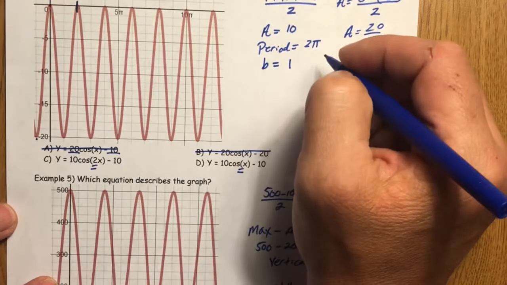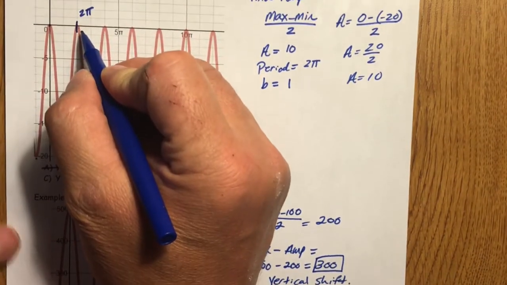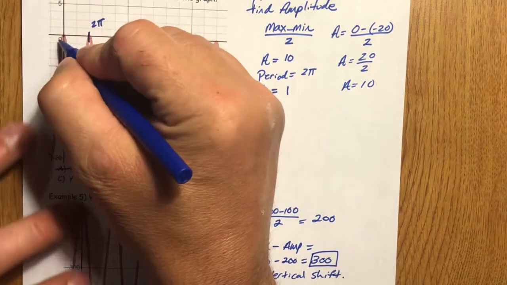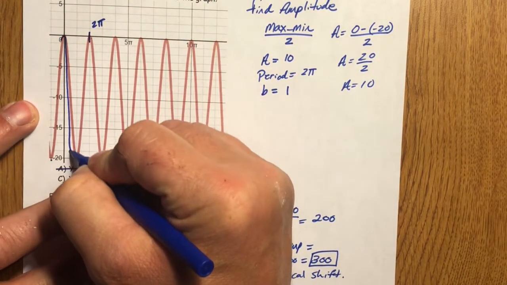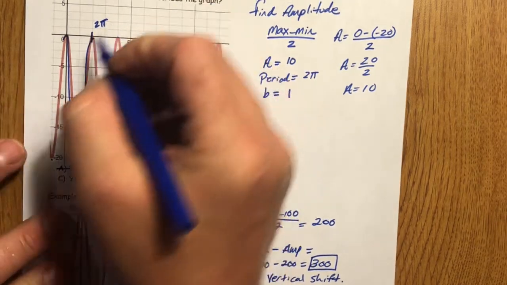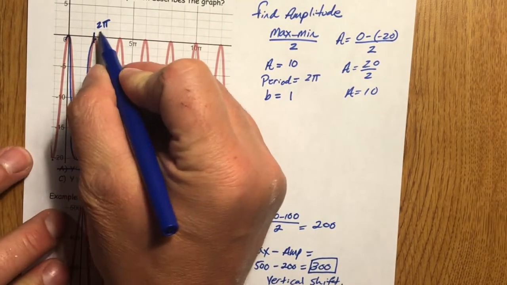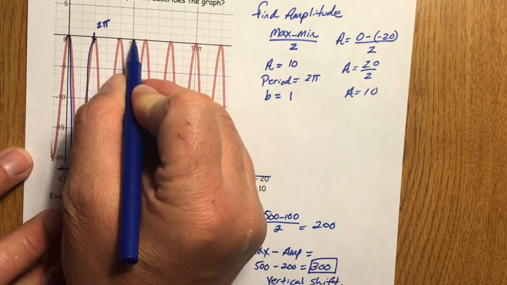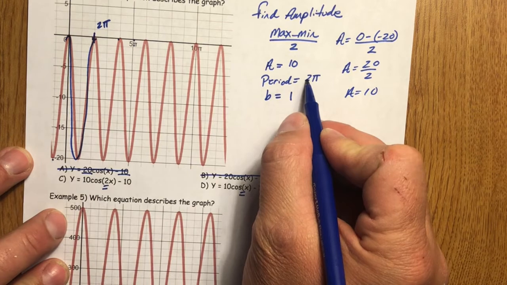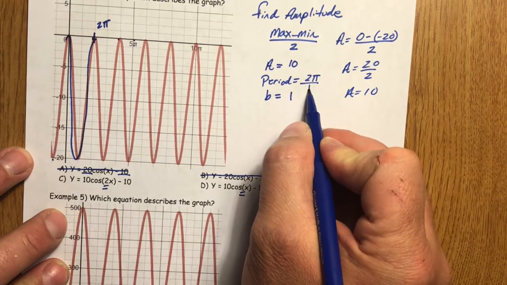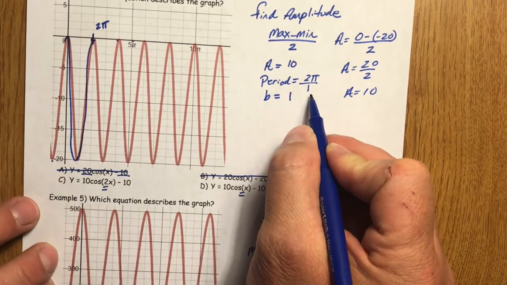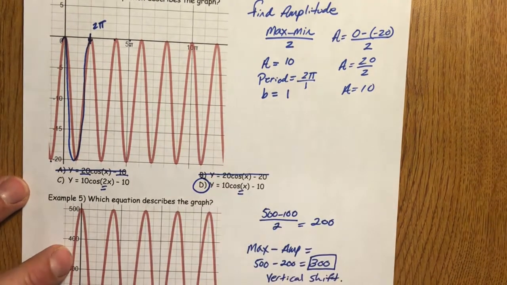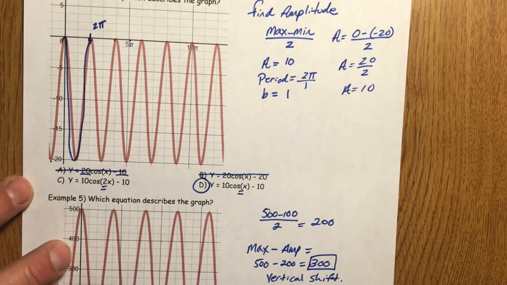If I'm looking here, the length of one cycle from here to there, that's one cycle, that's 2 pi. If this is 5 pi, 2 pi, 4 pi, that's 5 pi. So the period is 2 pi, which means that the b value must be 1. Since I know that b is 1, I know that my answer has to be D.